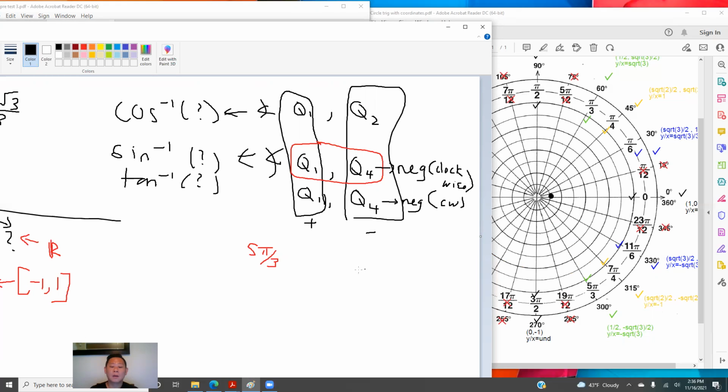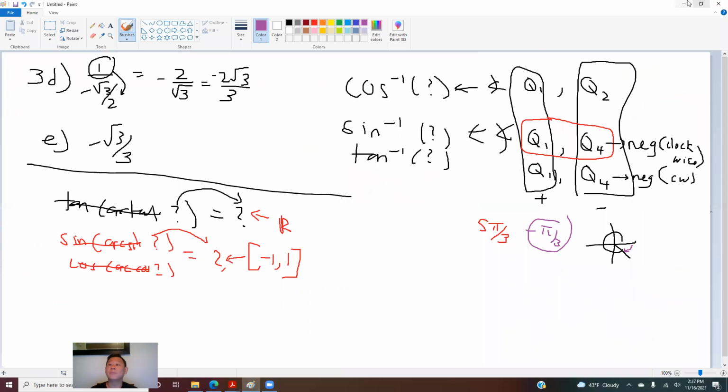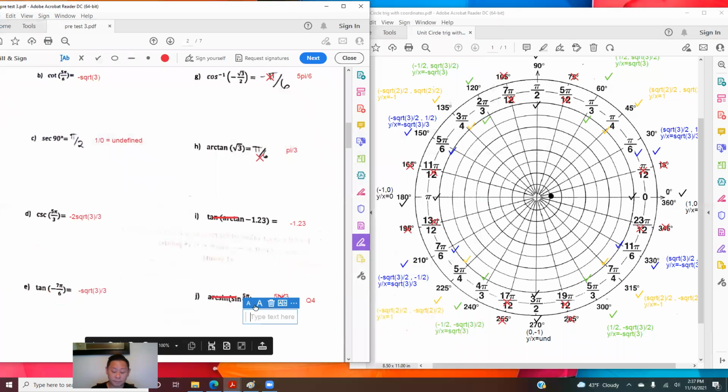What is the negative one that goes clockwise? Negative pi over 3. Yep. So this answer will be negative pi over 3.